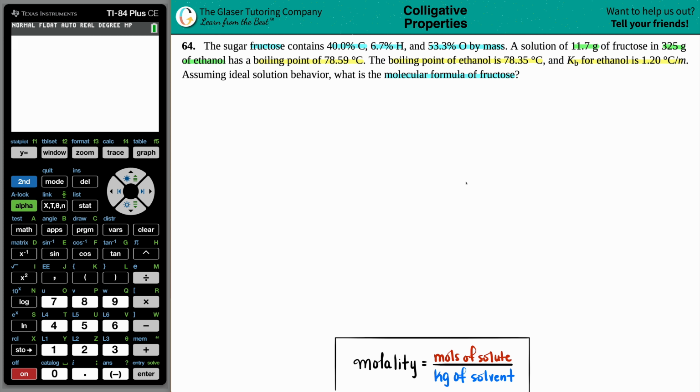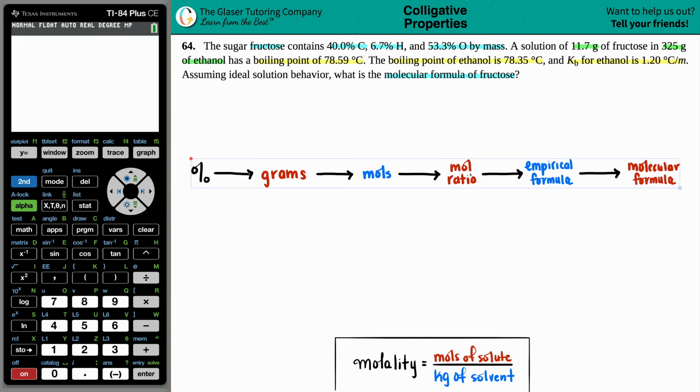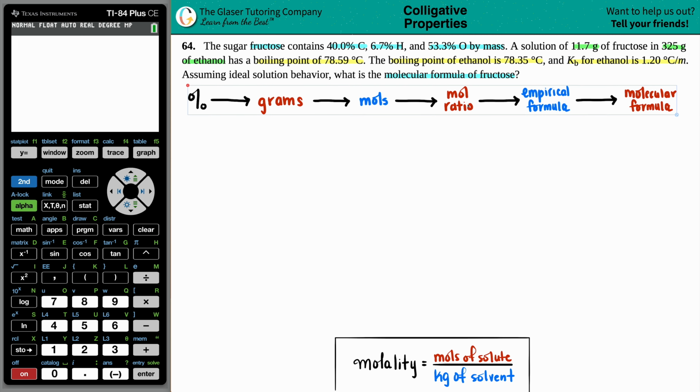From percent values, to find a molecular formula, we could always follow the progression right here. It's a huge progression, but it will get the work done. We can always start from a percent value and go through all the steps to finally get the molecular formula. Are there going to be bumps along the way? Of course, for this question, but I'm with you every step of the way.